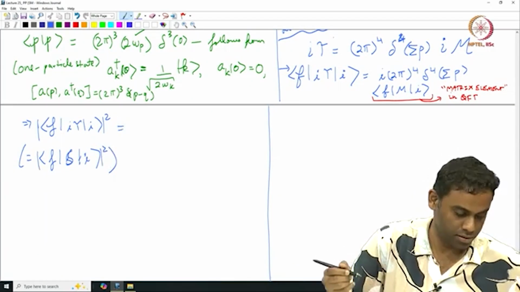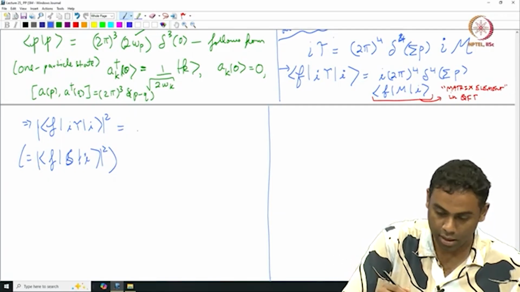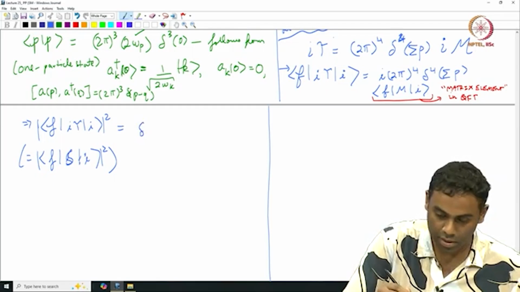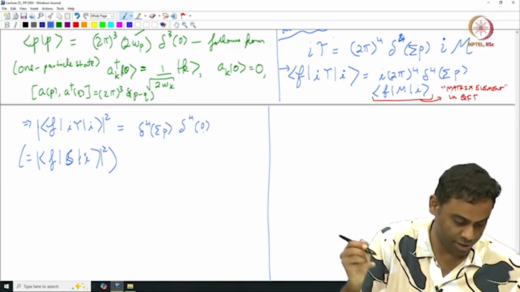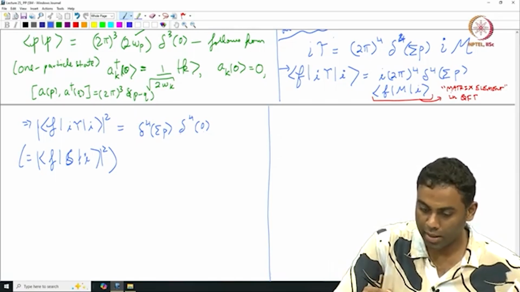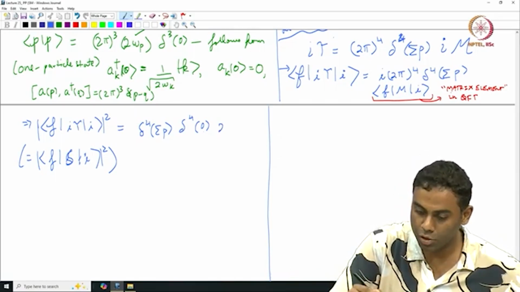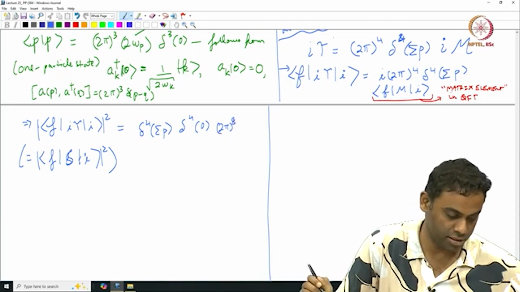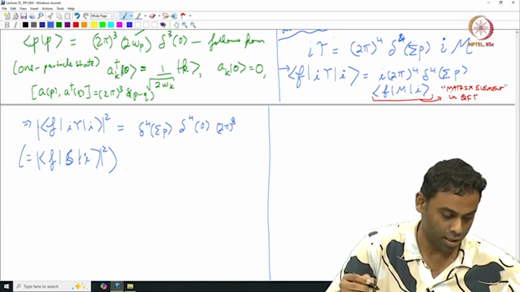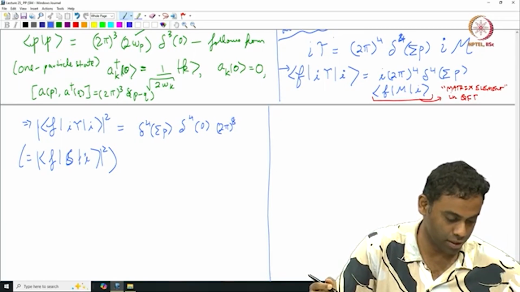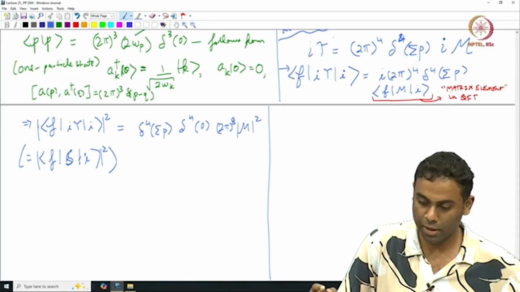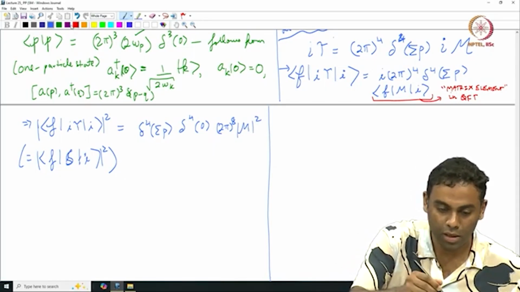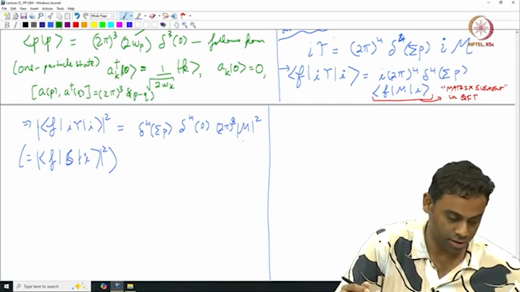So that is what this is. Now I am going to write this thing again as delta 4. I am going to write it slightly strangely, and I will explain why I write it this way. So I write delta power 4 of 0, then there is a 2 pi to the 4th, but now I am squaring, so 2 pi power 8. Then this whole thing I am just going to call M squared. I am going to annotate this a bit now, so it is not confusing later.